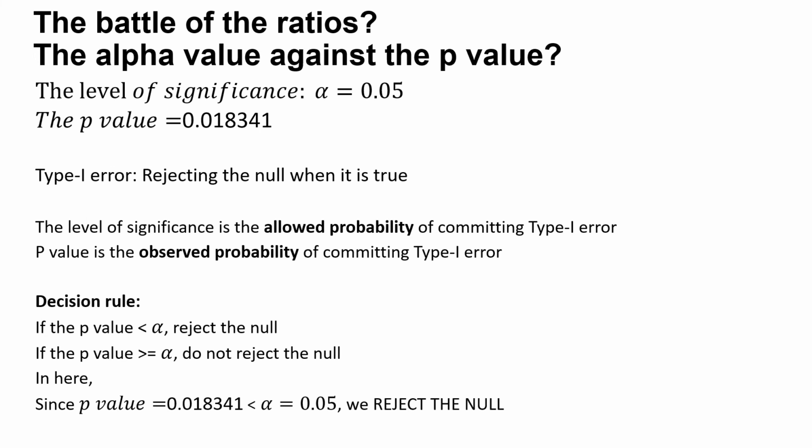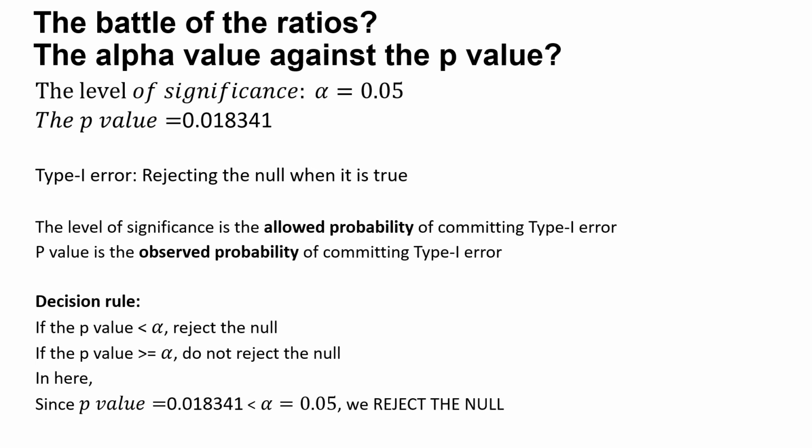When you conduct hypothesis testing with the p-value, you should always compare the p-value with the significance level alpha before making a decision. Please note that the level of significance gives us the allowed probability of committing type 1 error, which happens when we reject a null when in fact it is true.